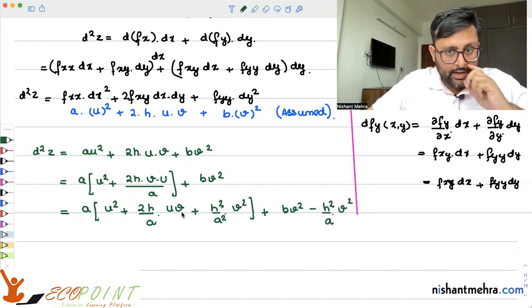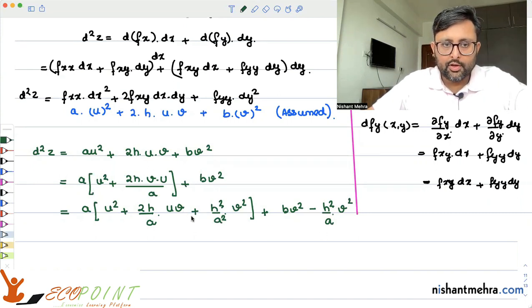I've just added and subtracted h square upon a v, because when you open this up, this thing also becomes h square upon a v square. This thing is also going to become h square upon a v square.